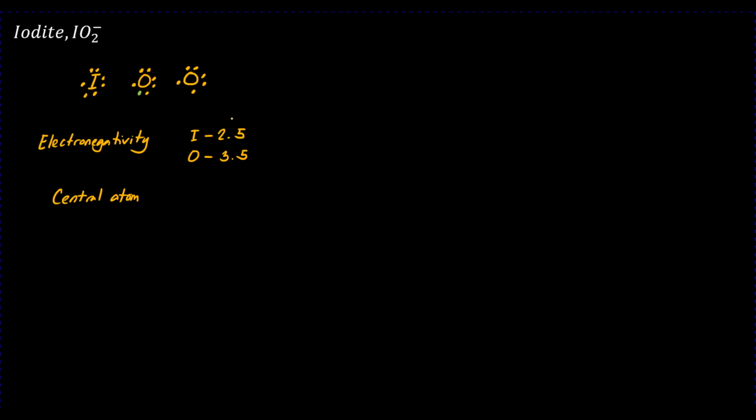So here, the element with the lower electronegativity tends to share more of its electrons with the other element with a higher electronegativity. So that means iodine is much more suitable to be the central atom here. Let's not forget the extra electron.